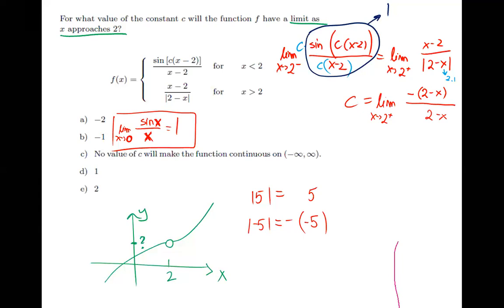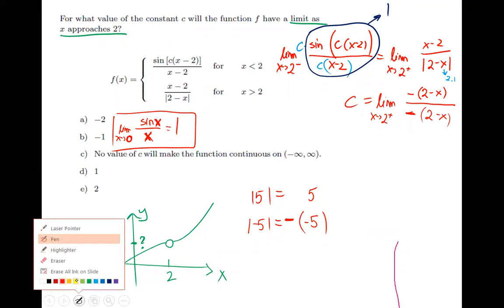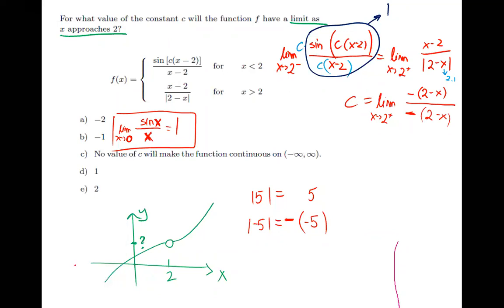Okay, that means the quantity 2 minus x is negative, and I'm making it positive. Can you see this negative is the same as this one? Now I did everything I could, and I can just simplify. The negative and negative will be gone, and 2 minus x and 2 minus x is gone.